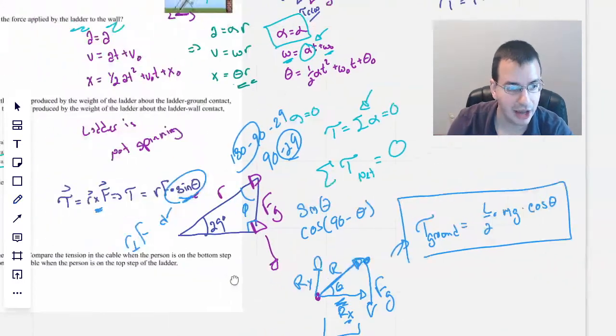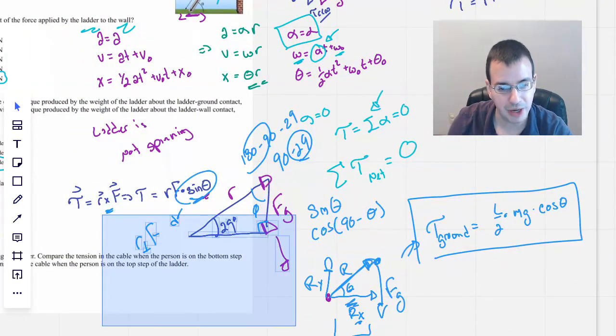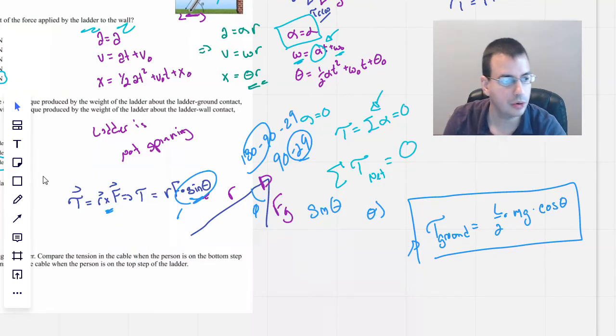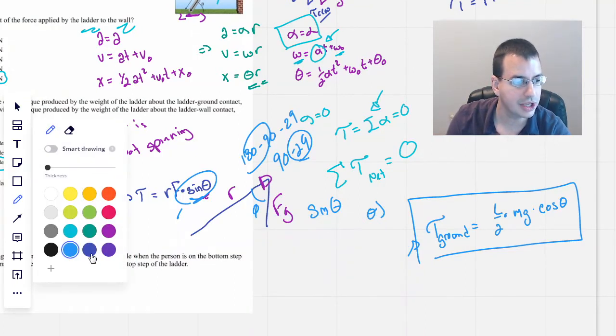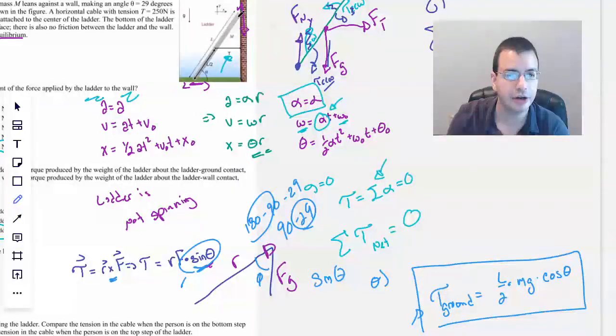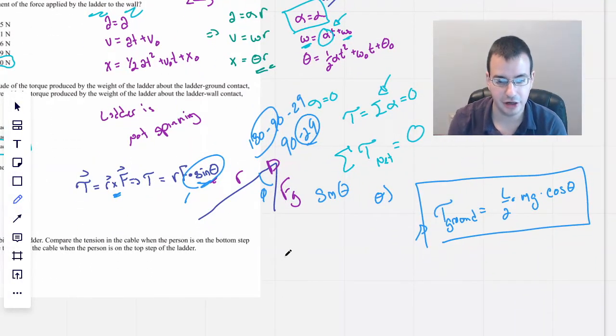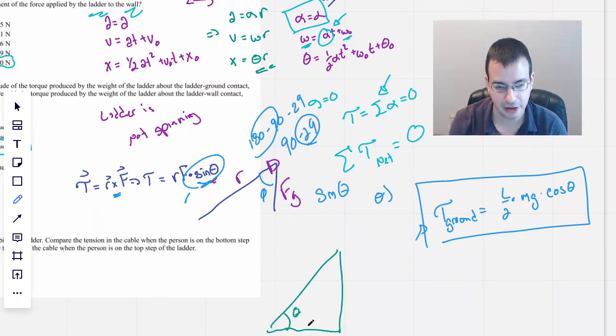Okay, so now we want to look at the torque with respect to the building. Whoop. So looking at the torque of the building, green. Up here, we're going to have another triangle that looks kind of like this. This is still going to be theta. This right here is going to be the force of tension, and then we're going to have R like this.